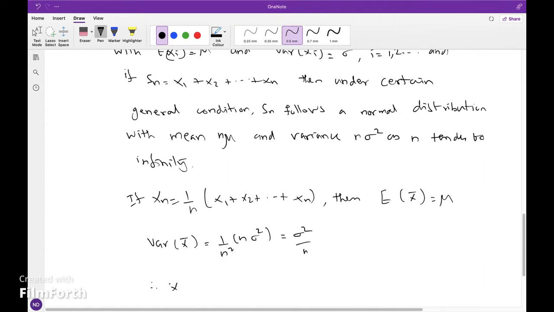Therefore, X bar follows a normal distribution N of mu comma sigma by square root of n as n tends to infinity. This is a corollary of the Lindeberg-Levy form. So the only difference is an independent random variable sequence in the Liapunov form and independent identically distributed random variables in the Lindeberg-Levy form.